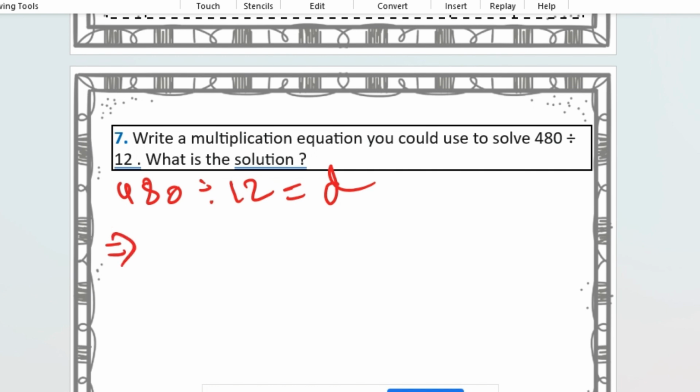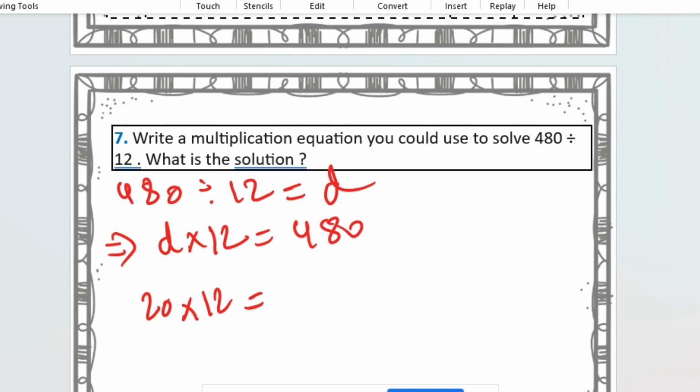So this will become d times 12 equals 480. Now let's multiply 12 by, let's say, 20.